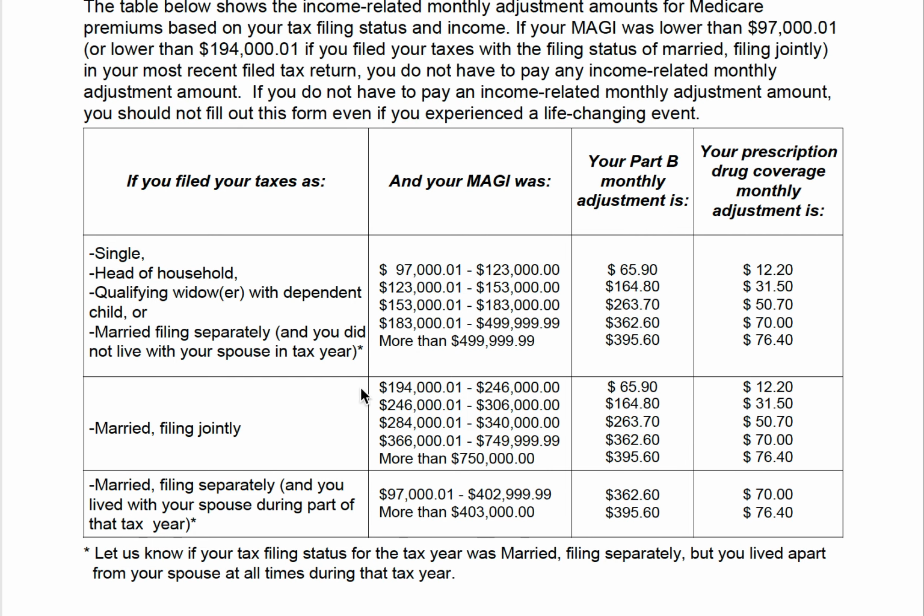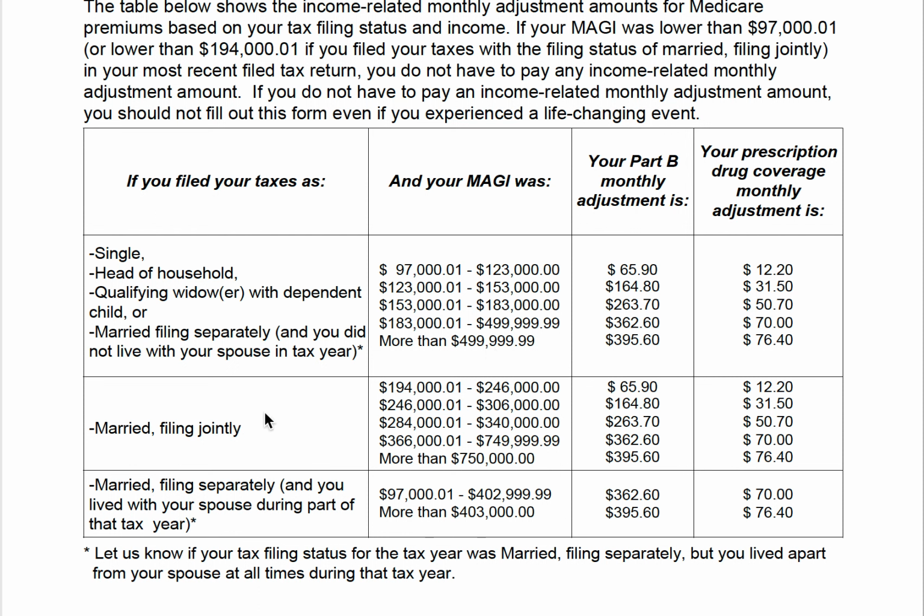Here are the IRMAA brackets. If you are on this form, odds are you received a letter in the mail, probably sometime in November, for the year preceding the year that you would be expected to pay that additional IRMAA. So, for example, if you received a letter from the Social Security Administration in November of 2022, the expectation would be that your IRMAA would apply starting in January.